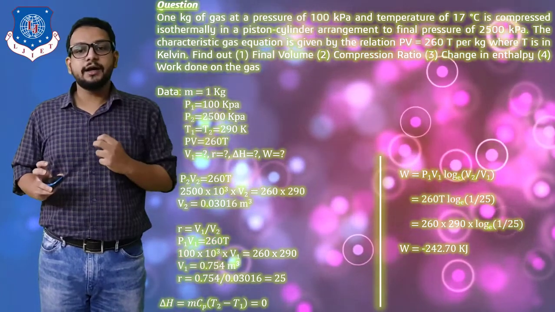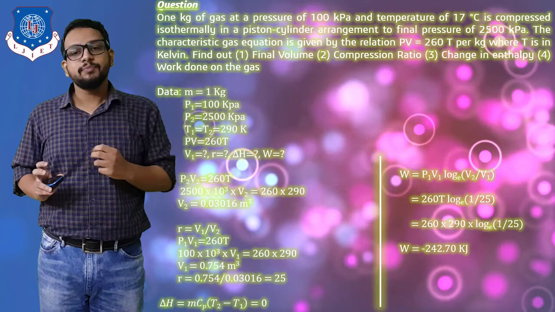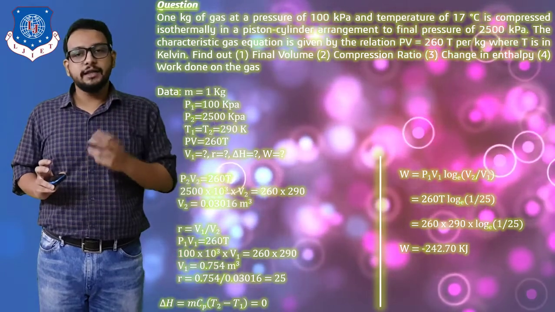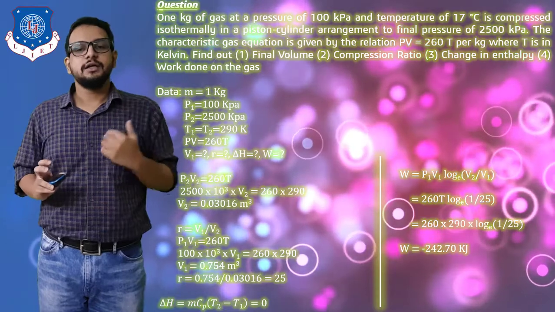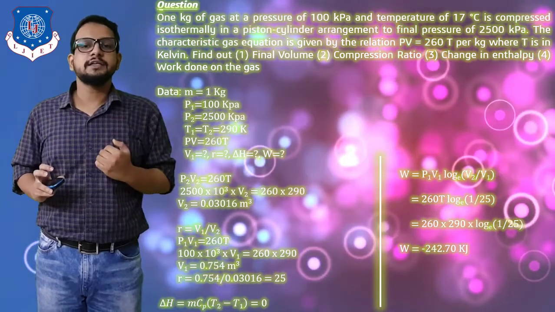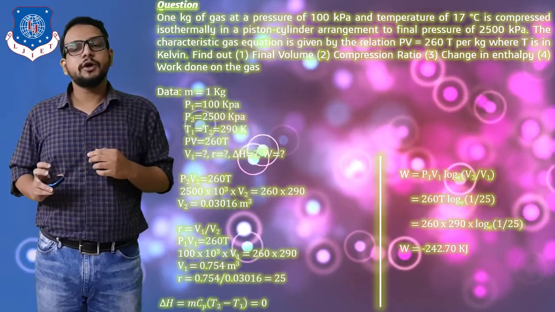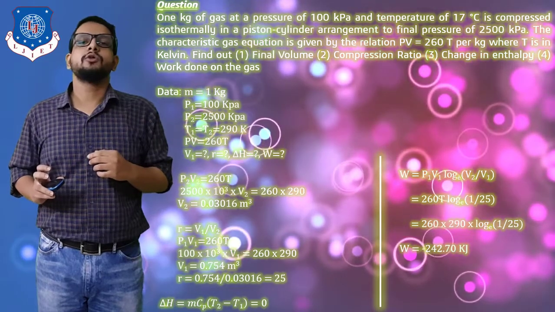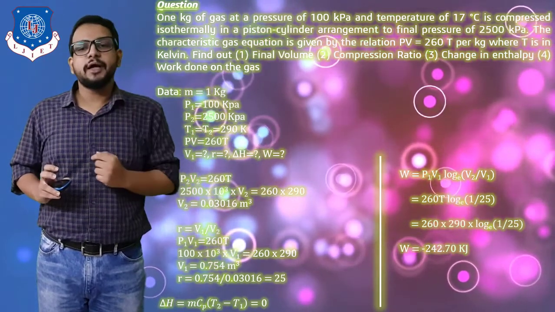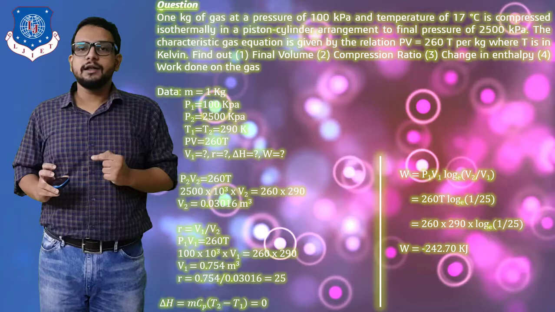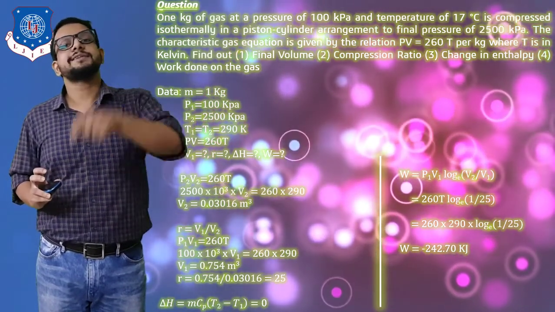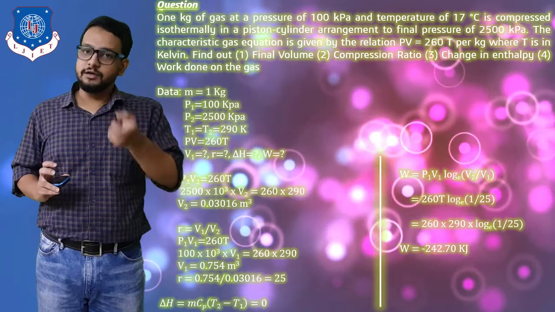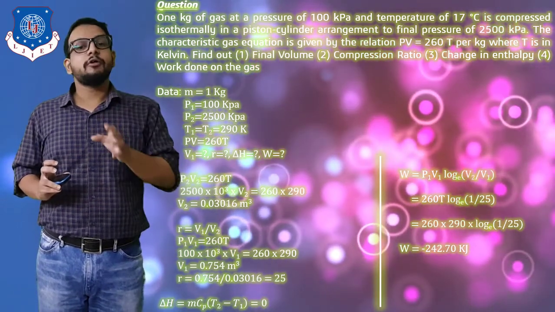We can write the final equation, that is 260 into 290, that is temperature, log 1 upon 25 to the base e. So the final answer of work done is equal to minus 242.70 kilojoule. Over here you have to mention that a negative sign in work done indicates that work is done on the system for compressing the gas.